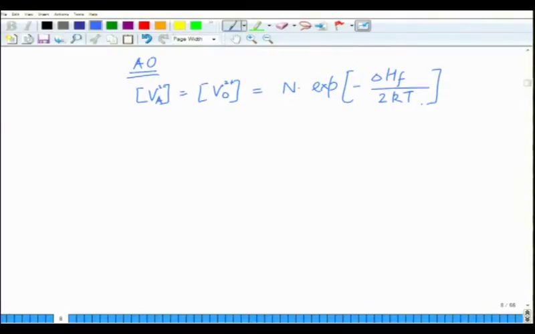So here you have this factor of 2 that comes in the denominator for ionic solids, but the relations are similar.